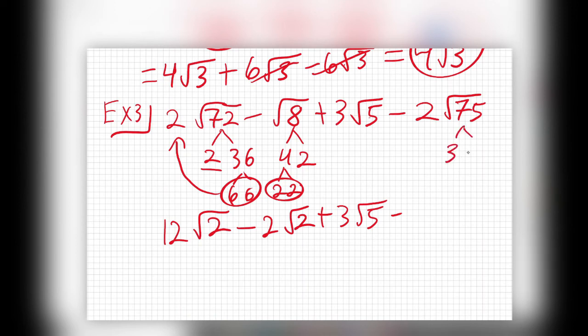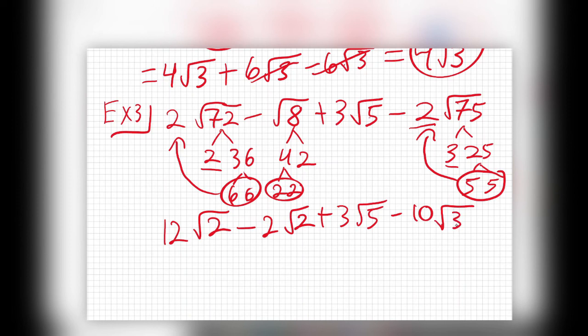Well, that becomes 3 and 25. 25 now becomes 5 times 5. So we have a pair of 5s there, combined with that 2 becomes 10. Remember, you multiply any number that gets moved out in front of your square root with anything that's there, like that 2. So it's 10 times the square root of 3.